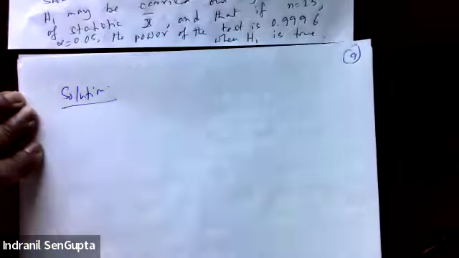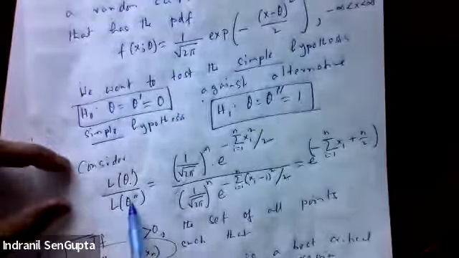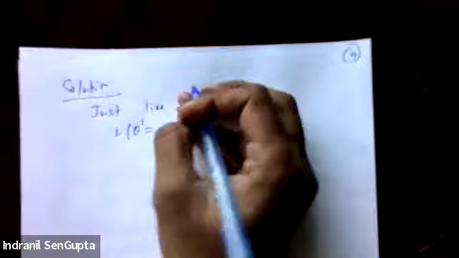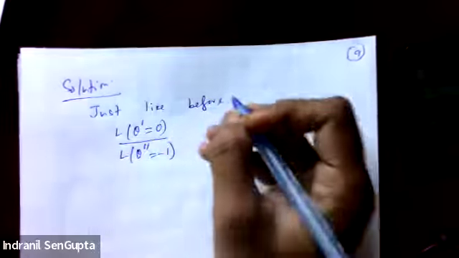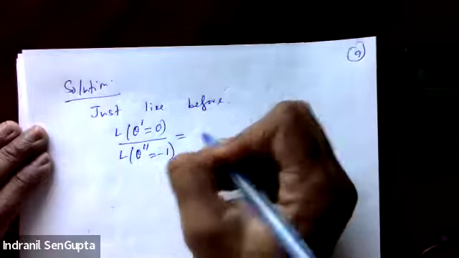Okay. So here's the solution. Just like before, I'll be basically copying mostly from the last problem. So we had theta prime and theta double prime. In our case theta prime is 0, and now theta double prime is -1. So just like before, L of theta prime, which is 0, over L of theta double prime, which is -1.